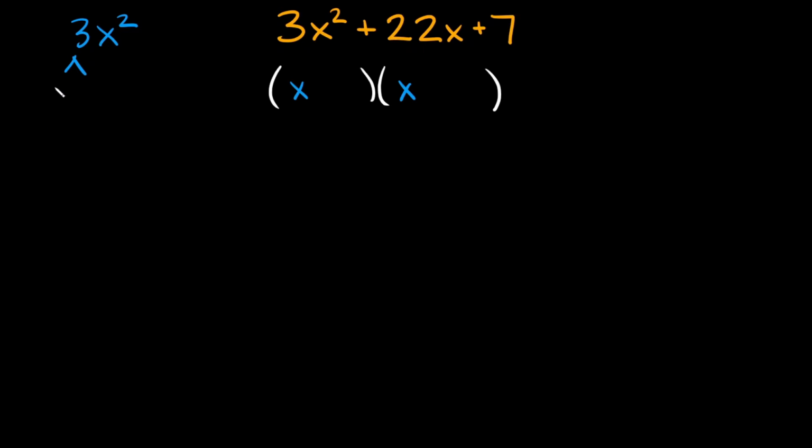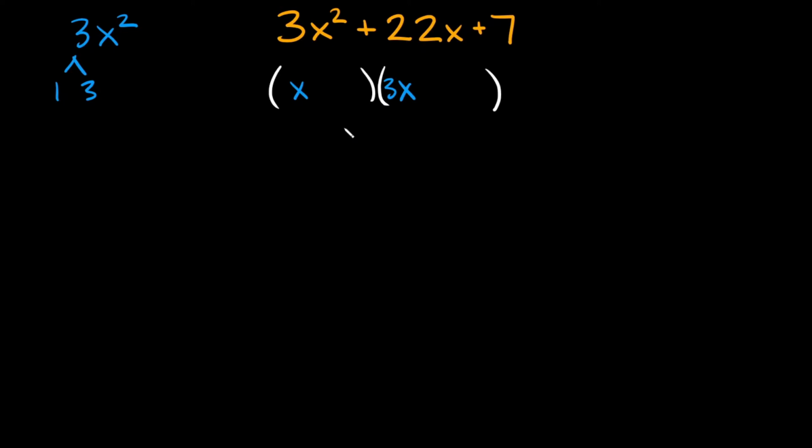The only two are 1 and 3. So we put a 1 on one of the x's and a 3 on the other x. To simplify, we can get rid of the 1, because 1x is the same thing as just x, and we just leave the 3 on the other one. Great, so we figured out our terms right here.